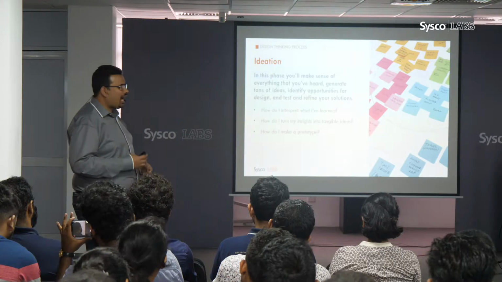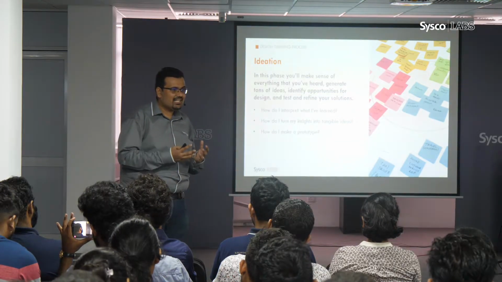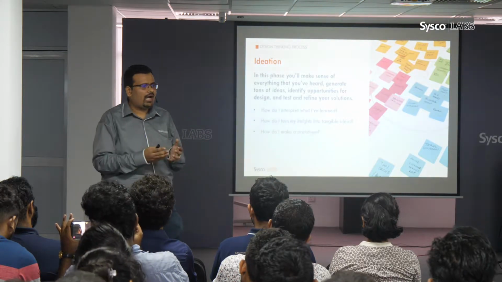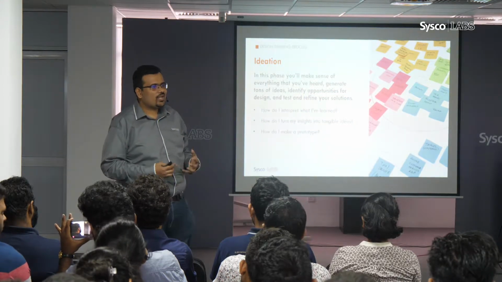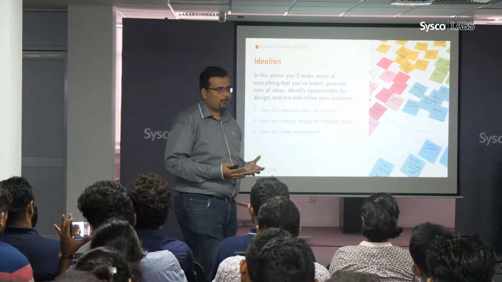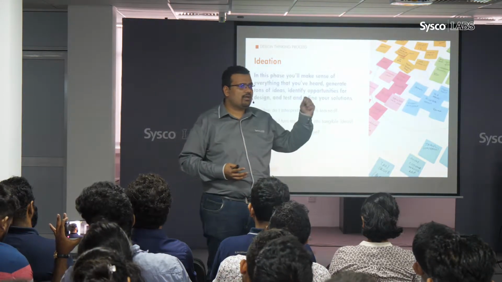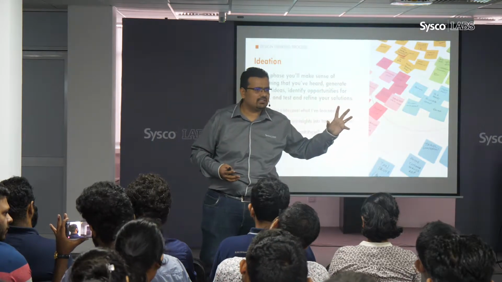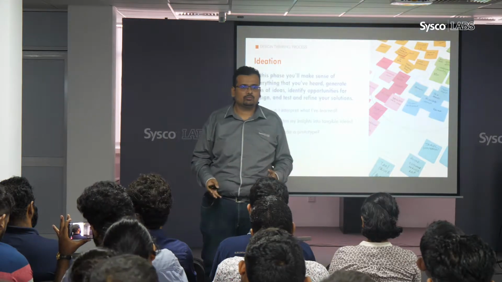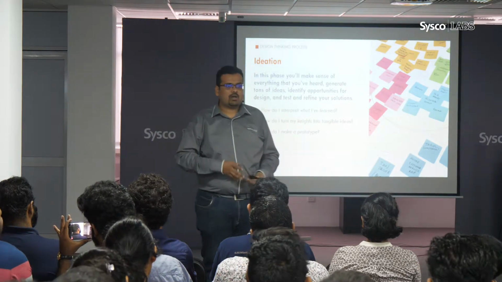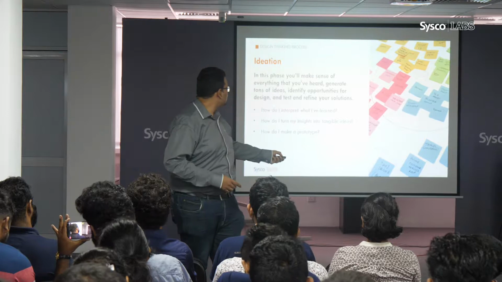How can I use these ideas to build a tangible thing? And how can I build a prototype from this? These are the common questions, because you have a bulk of information and you are wondering, you have a problem, you have information, what do I need to do? How can I move on? Let's move on and see.